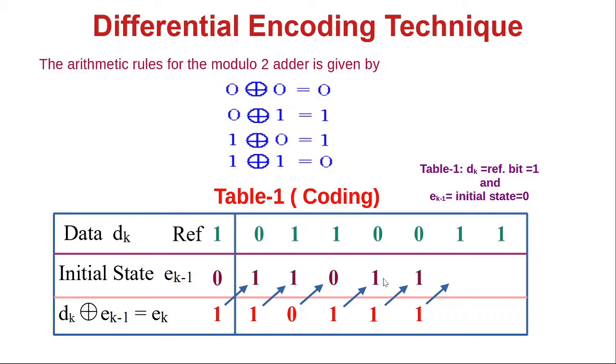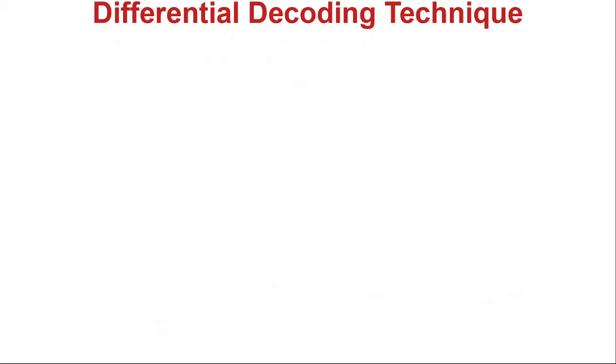And next the initial state ek minus 1 again will be 1 and ek will be 1 exclusive or 1, that is 0. Next the initial state will be 0 and ek will be 1 exclusive or 0, that is 1.